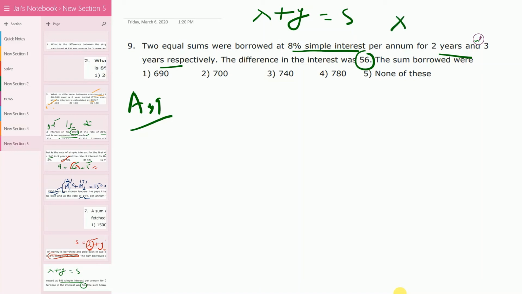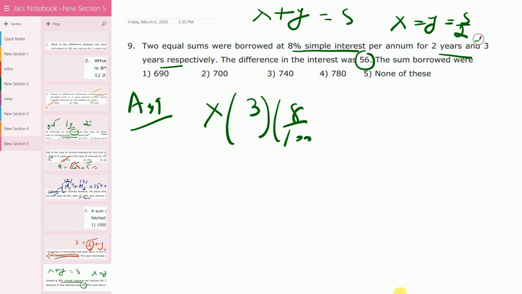So x and y both are equal, and let me write it as x by 2. Two equal sums were borrowed at 8% simple interest, for 2 and 3 years respectively. So you can just simply find the value of x at 8%, and according to the question, it has already been mentioned the difference between them was 56 rupees.